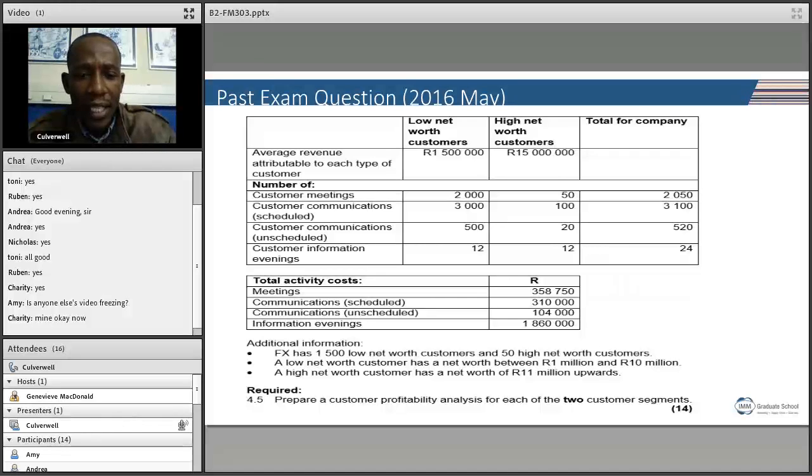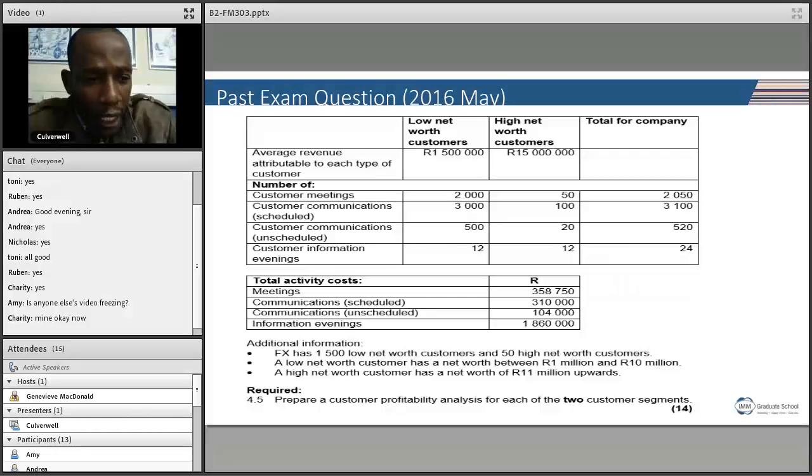Customer communication unscheduled, 500 for low net worth customers and 20 for high net worth customers. 500 plus 20 will give you 520. And then the customer information evenings, more like your investment workshops. They held 12 servicing low net worth customers and 12 for high net worth customers, and the total of 12 plus 12 will give you 24.